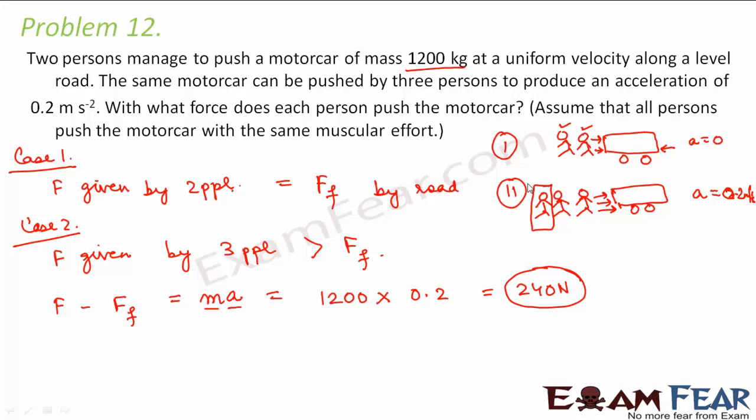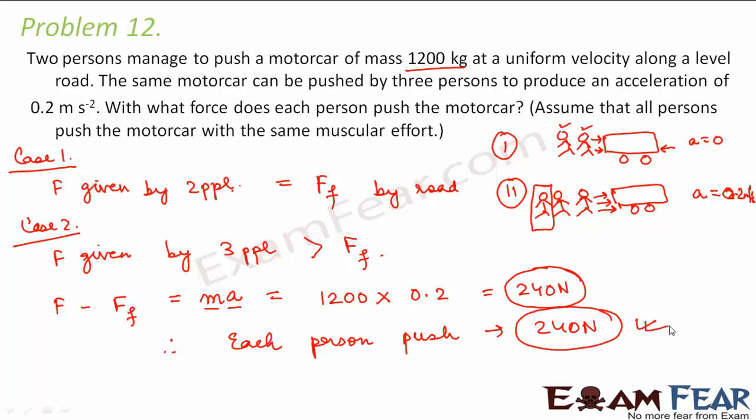That means each person applies the same amount of force. That's what is mentioned in the problem, that assume that all persons push the motor car with the same muscular effort. Therefore, we can say that each person pushes the motor car with a force of 240 newtons. You understood the difference?